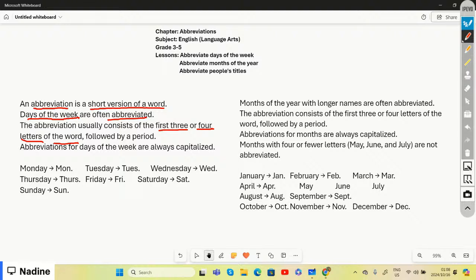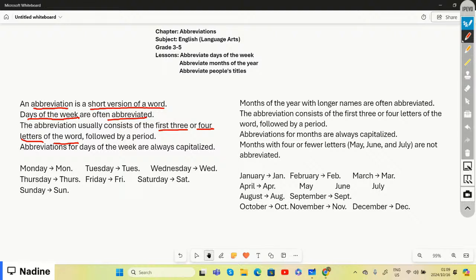So now when it comes to the days of the week, remember, we either write the three letters or the four letters down. If a word, and that will mainly be with the months of the year, only consists of either four letters or three letters, then we don't abbreviate that. We leave the word as is.